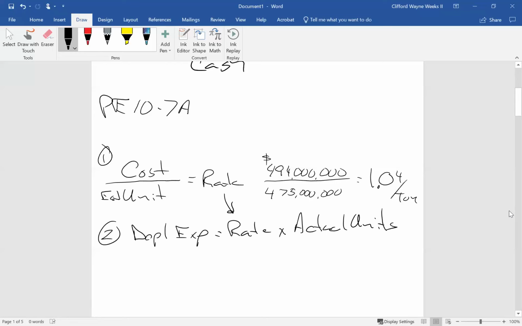In this scenario, we had 1.04, and they have to tell you that we pulled out 31,500,000 tons. So our depletion expense, we're just going to take that 1.04 and multiply it times 31,500,000. And we're going to have depletion expense this year of $32,760,000.